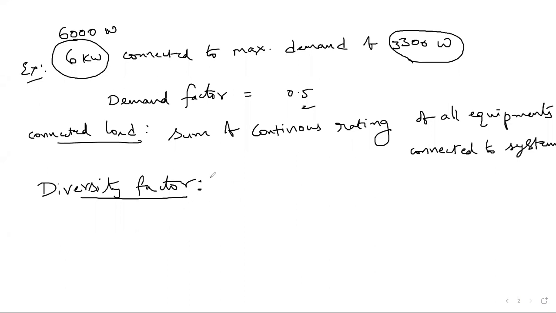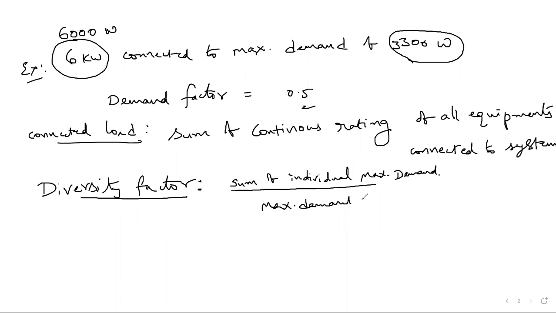Diversity factor. Note down the definition. The ratio of the sum of individual maximum demands to the maximum demand on the complete power station or complete system.